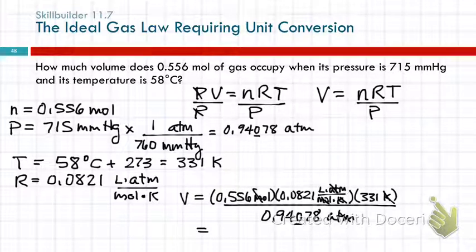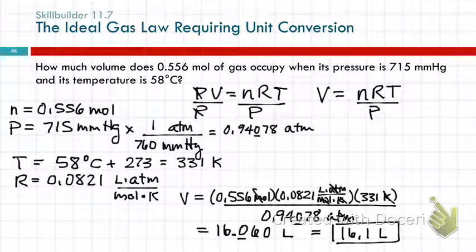And I'm thinking 3 significant figures. That saves me from writing down all the garbage my calculator gave me. 16.0, there's 3 sig figs. Next 2 digits, 60. The unit that isn't crossed out is liters. Then I round, 16.1 liters is the volume. Any questions?